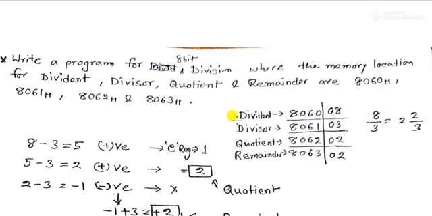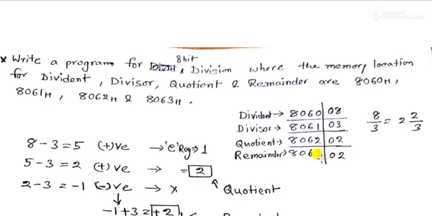That means we have to divide two 8-bit numbers, and the memory locations are given where the dividend, divisor, quotient and remainder are placed. So according to the question, 8060 location is my dividend, divisor at 8061 location, quotient, that is the result, at 8062 location, and remainder at 8063 location.